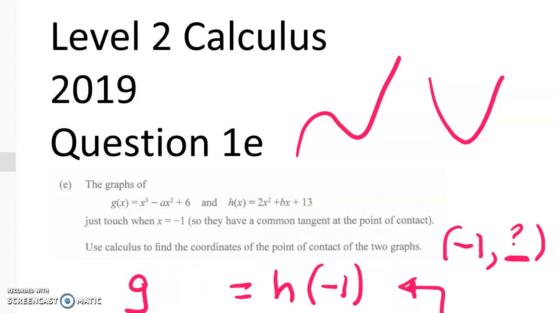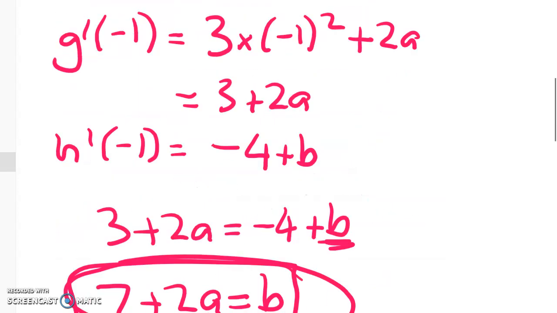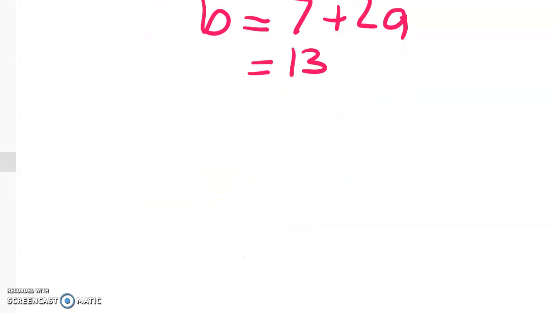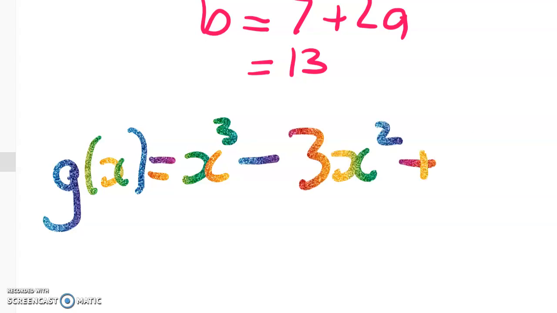And we can chuck the a and b back into those equations because we're trying to find the coordinates of the point of contact. Right, so g of x is equal to x cubed minus, what was a? a was 3, minus 3x squared plus 6.